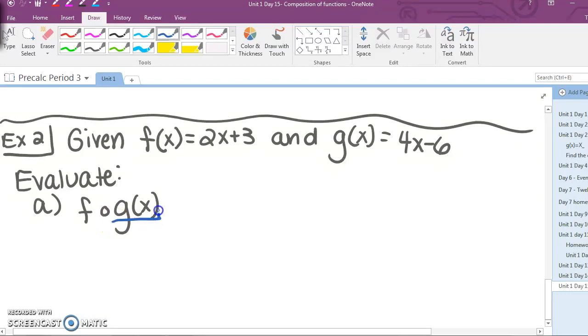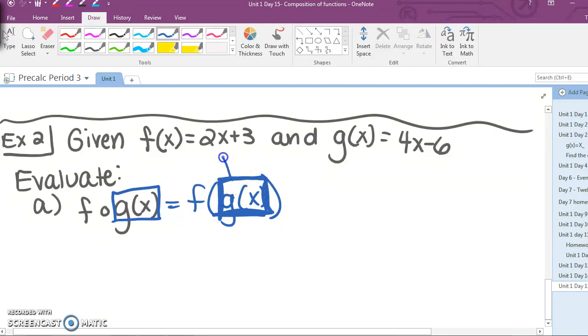So what that's saying is take g of x, and I'm going to plug that into f for x, because really this is f of g of x in the parentheses here. So this part right here is going into function f where x is.